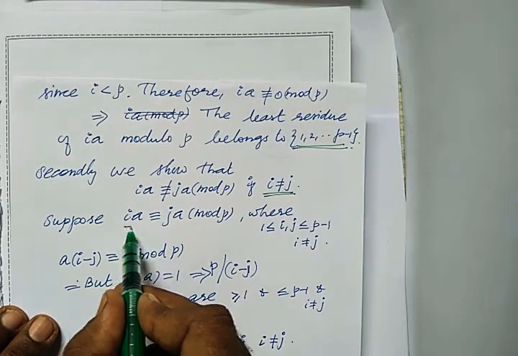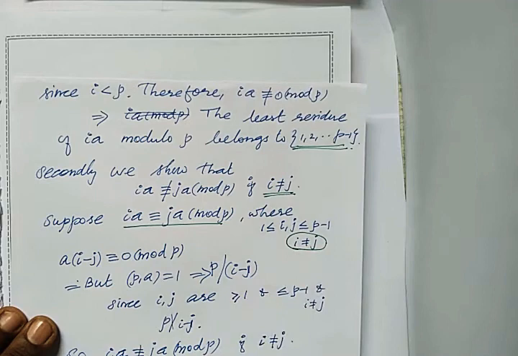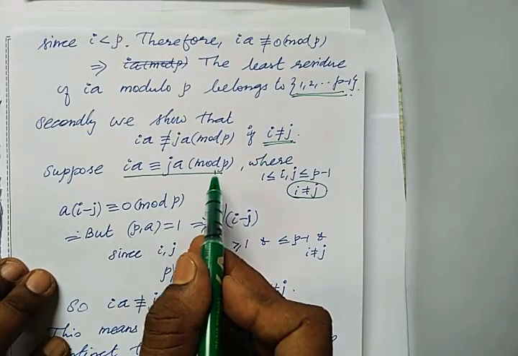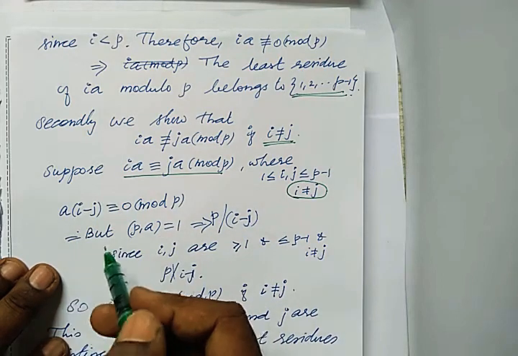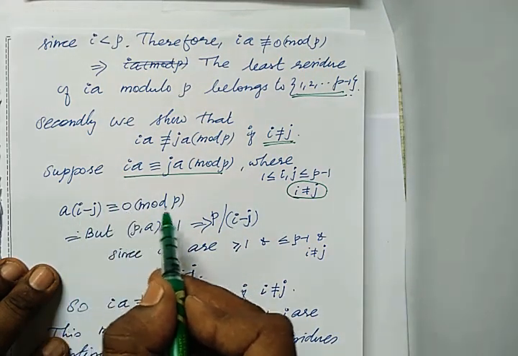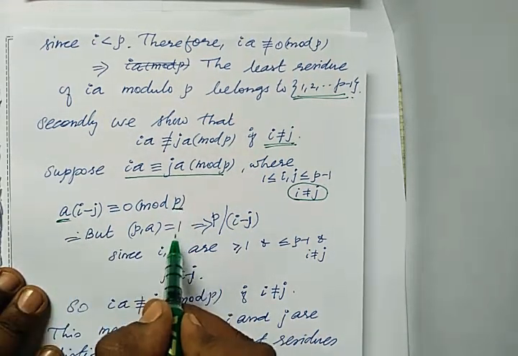Suppose equality happens when I is not equal to J. What happens? This can be taken to this side, right? So A times I minus J is congruent to 0 mod P. But A and P are relatively prime.